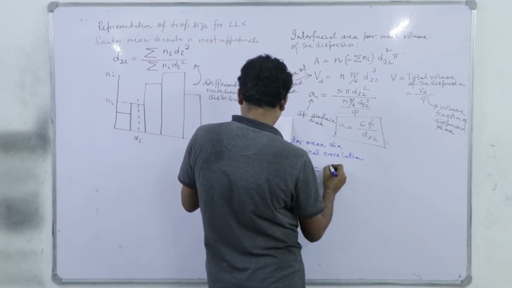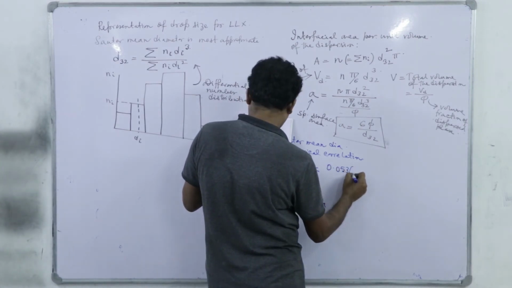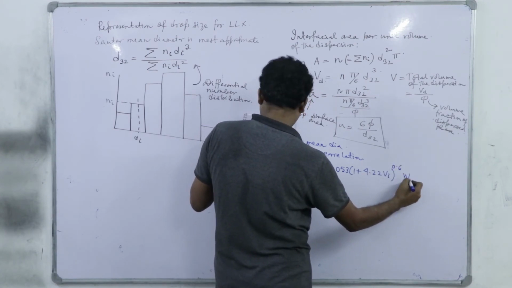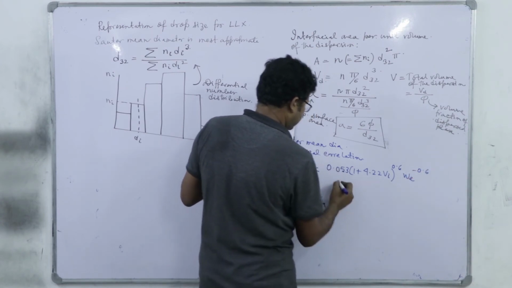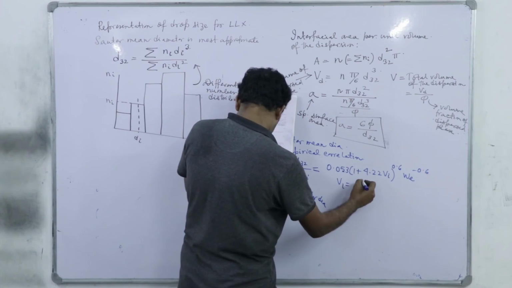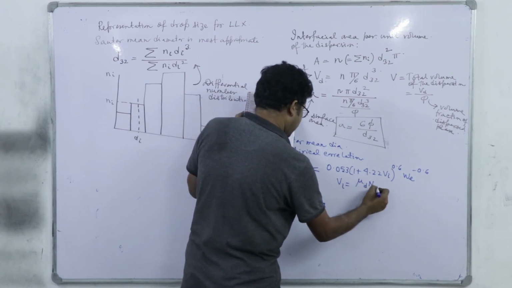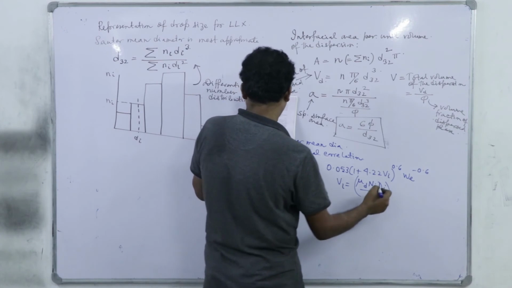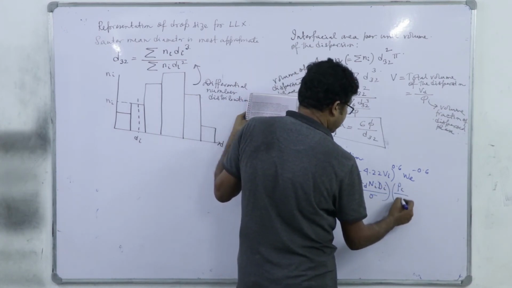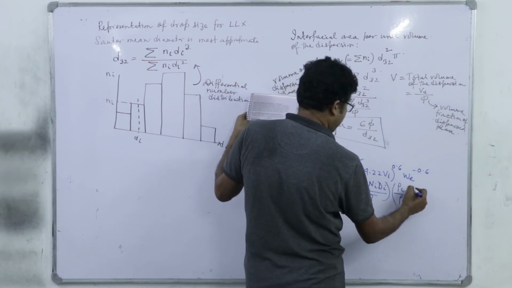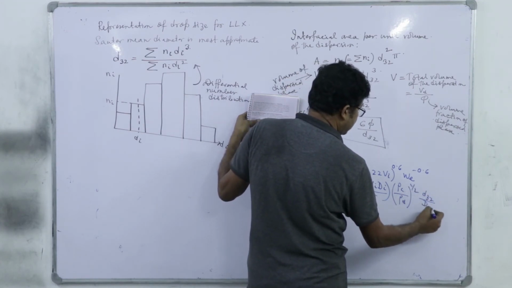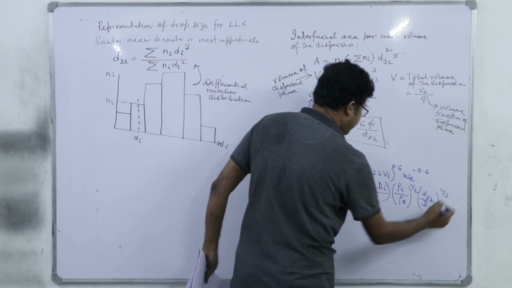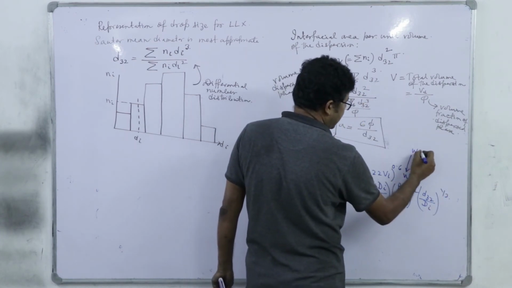So, this is equal to 0.053 into 1 plus 4.22 Vi whole to the power 0.6 into Weber number to the power minus 0.6, where Vi is mu d Ni di divided by sigma, then rho c by rho d to the power half, then d32 by di to the power 1/3.